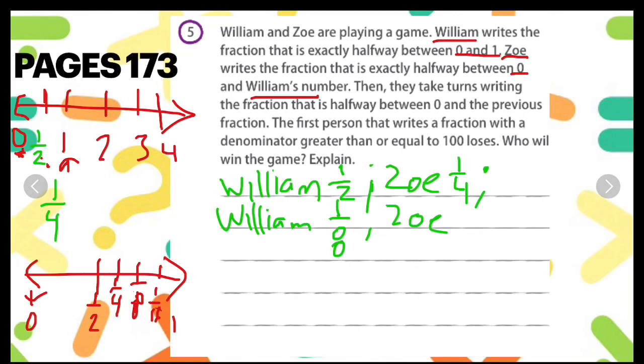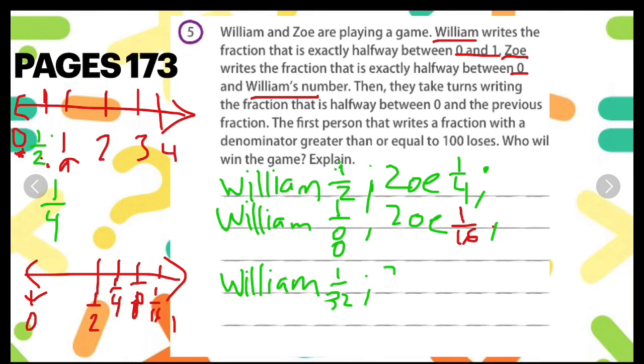So here, that means that Soy has 1/16, okay? And that means that if we continue, William will have, let's write it over here because I don't have space, William will have 1/32.